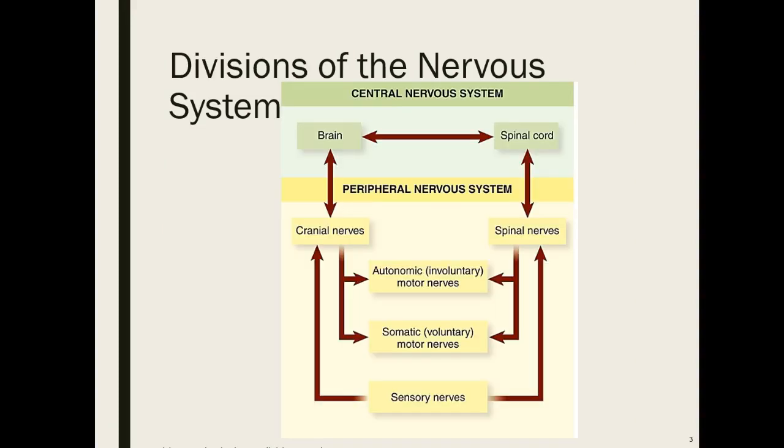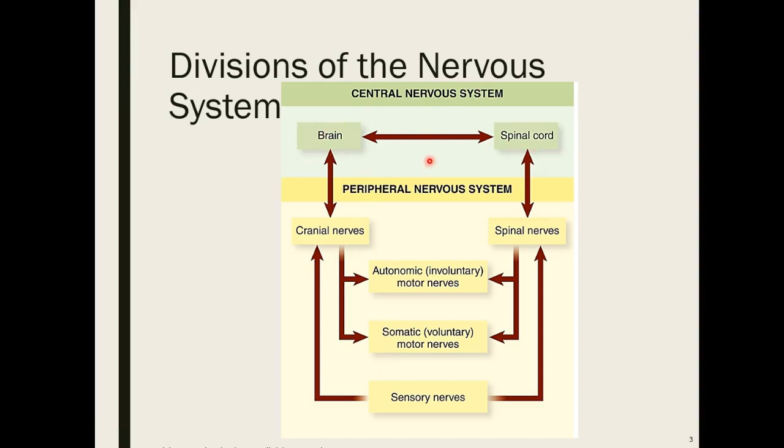Here's a flow chart of the divisions of the nervous system. So you can see the central nervous system. Oh, I lost my mouse. There we go. The central nervous system is at the top here with the brain and the spinal cord.